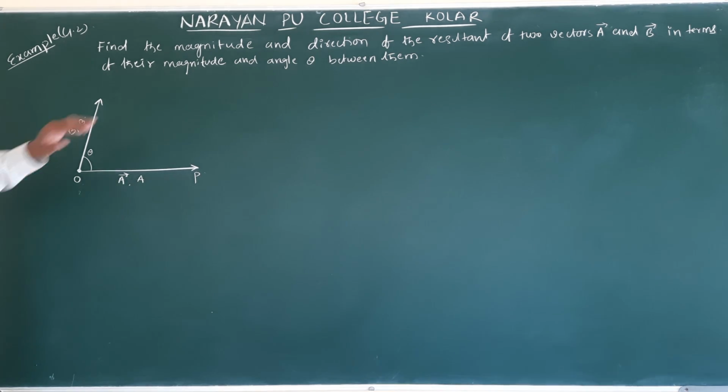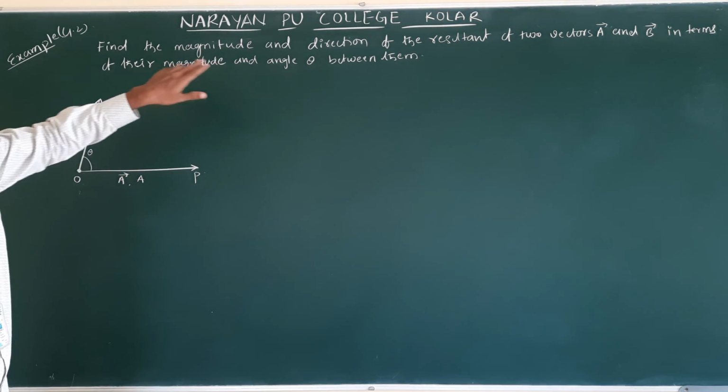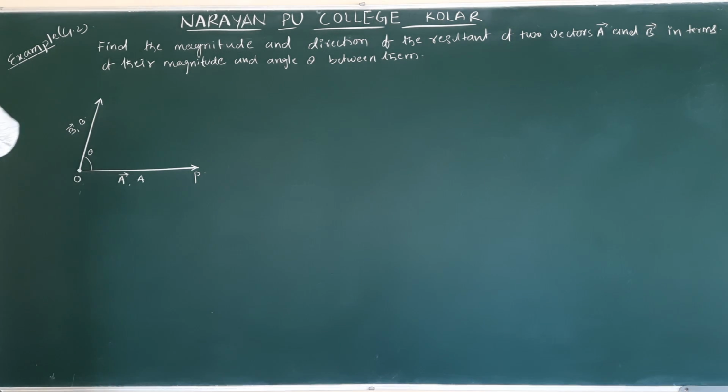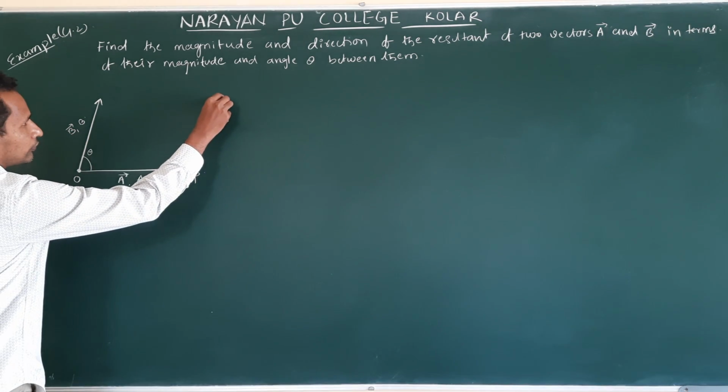Now, we need to find the magnitude and direction of the resultant of two vectors A and B in terms of their magnitudes. If we follow the vector addition graphical method, C is equal to A plus B. That method we also call the triangle of vectors. See, I slide this vector to here.